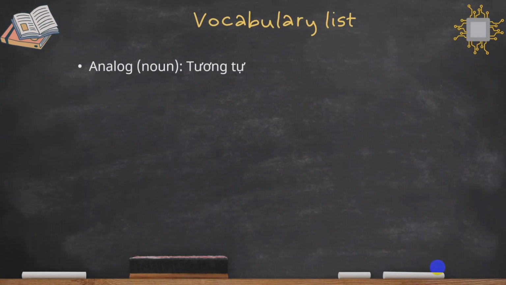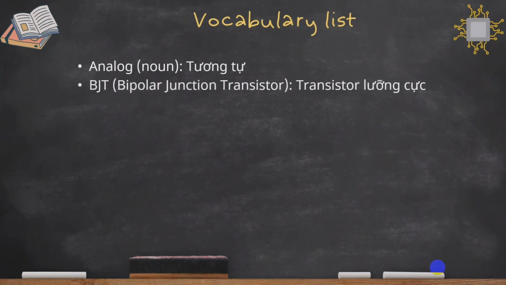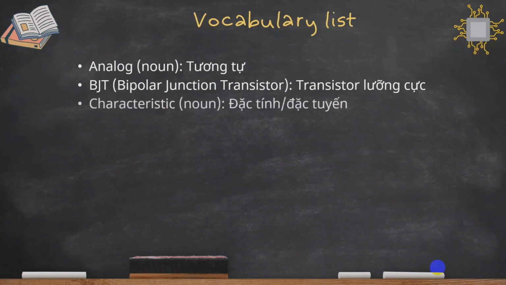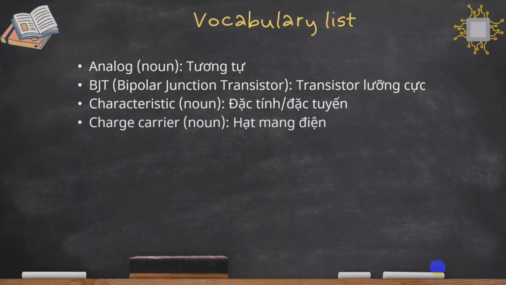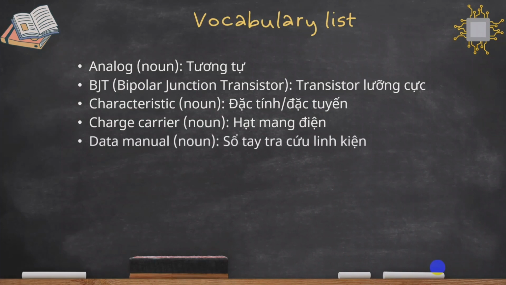Key terms: Analog. BJT, bipolar junction transistor. Characteristic. Charge carrier. Data manual.